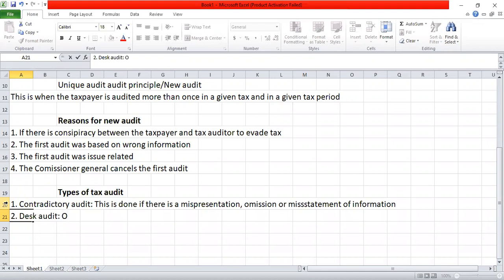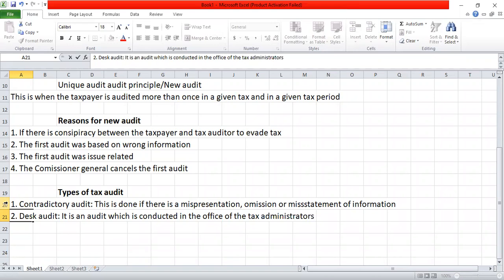So it is an audit which is conducted in the office of the tax administrator. That is what we call a desk audit. You don't go to the field, but it is conducted in the office of the tax administrator.